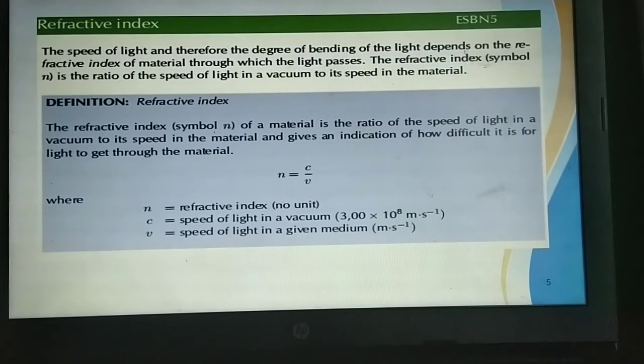So refractive index. That's what we're going to focus on. It's our third point. Refractive index, what is it exactly?